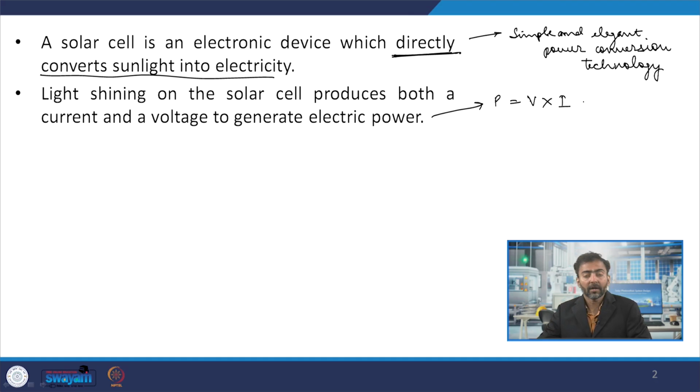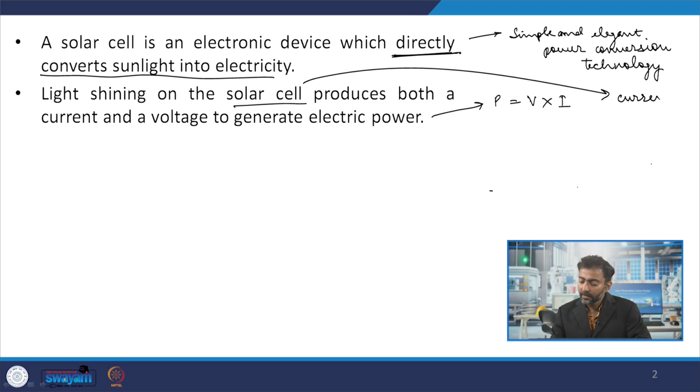However, as we will look at in the upcoming slides and discussions, though it is producing both current and voltage, if I want to model the solar cell, if I want to look at the electrical equivalent of a solar cell, I model it as a current source. Why we do that, we will be talking about in the lectures going ahead.